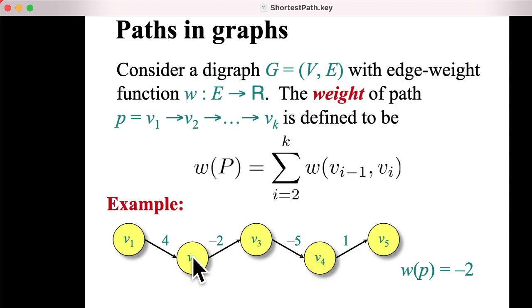Somebody really wants to increase the traffic in this area, so to drive from V2 to V3, I'll actually be paid $2. I'll earn $2. That is, I pay minus $2, and so on. What is the weight of the path? The weight of the path is just the sum of the individual weights. How much does it cost me to drive all the way from V1 to V5?